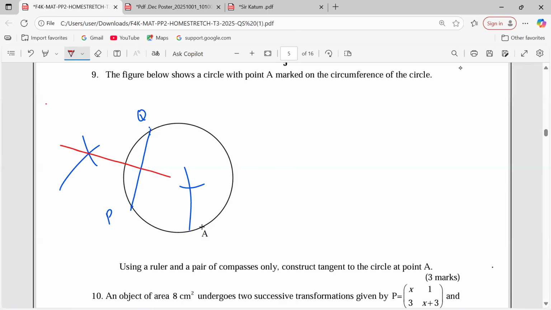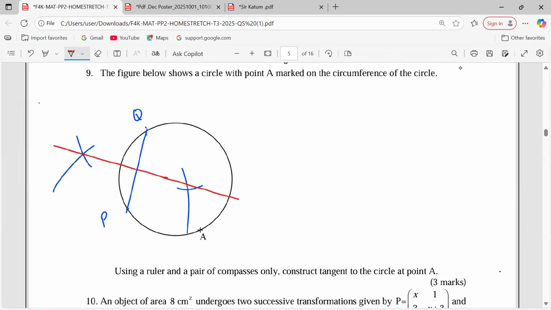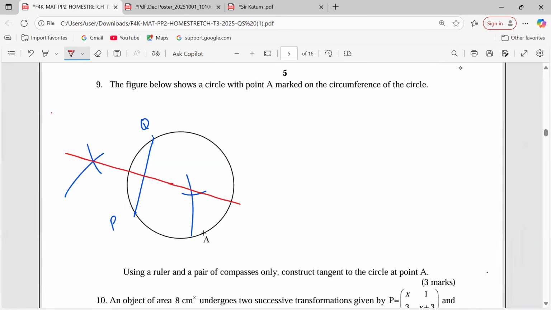This is a bisector of the chord, and it shall eventually pass through the center of the circle. So it means that if I extend it like that, I'll get a diameter. Now that I have gotten a diameter, bisecting the diameter will give me the center, because the middle point of a diameter is the center of the circle.